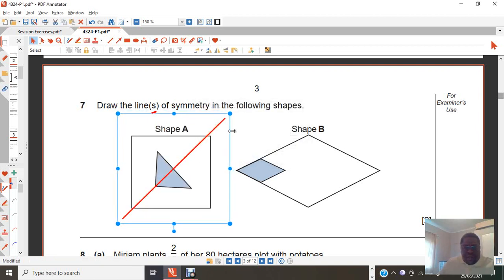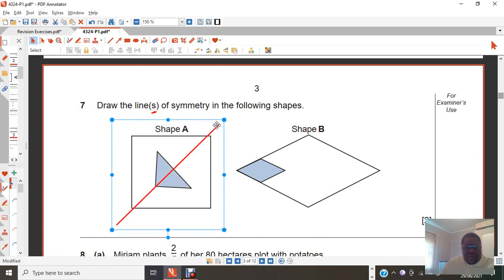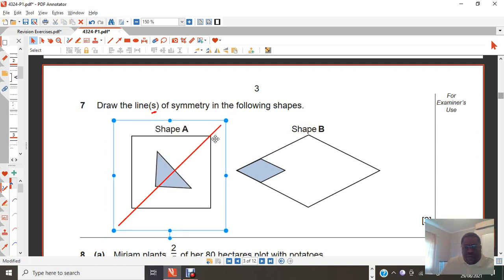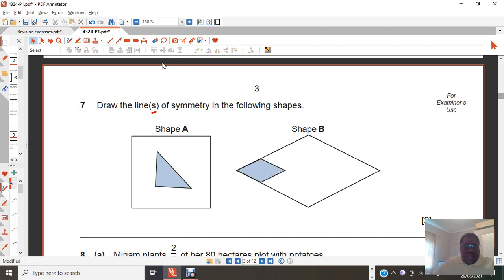Let me just delete it, start over again. Maybe if I bring in my ruler, and move my ruler a bit. Let's see.